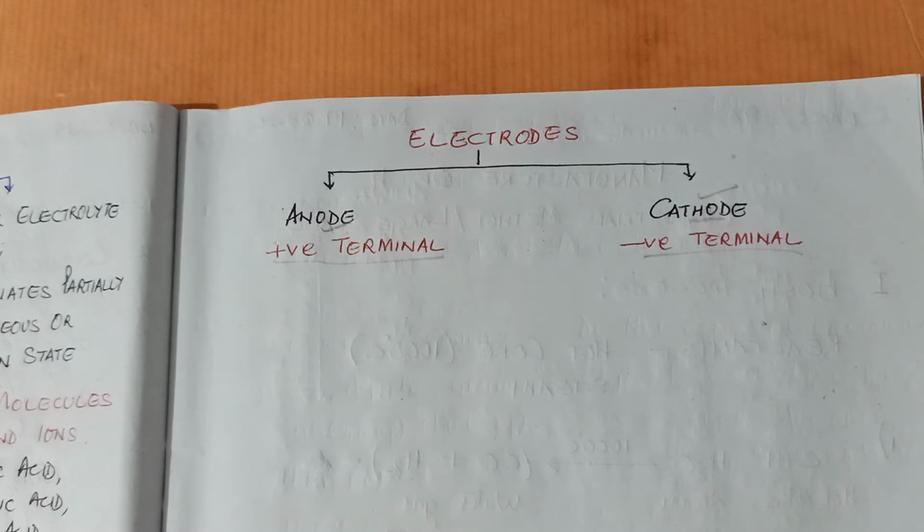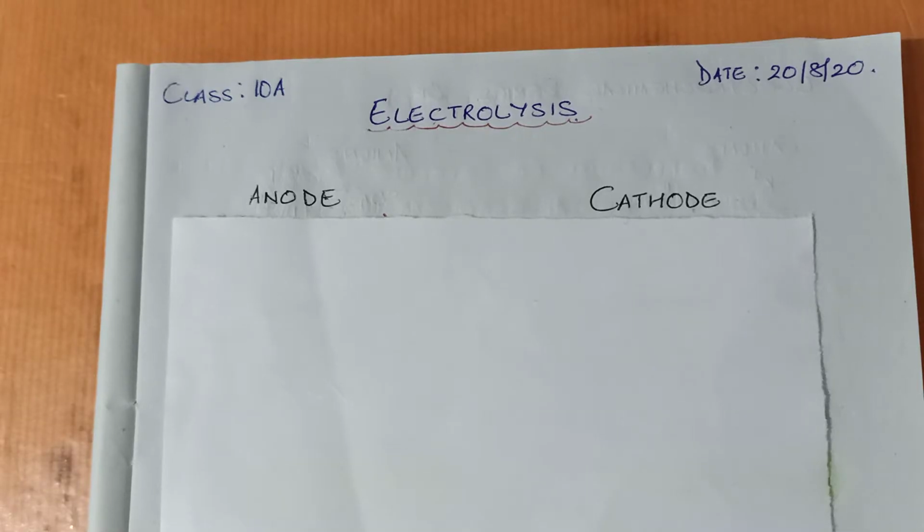In today's class, we are going to discuss more about these electrodes and the chemical reaction taking place at these two electrodes with some examples. Although there are only two electrodes, anode and cathode, sometimes it becomes very confusing to remember which electrode has which electrical charge, whether anode is negative or positive, or whether cathode is negative or positively charged.